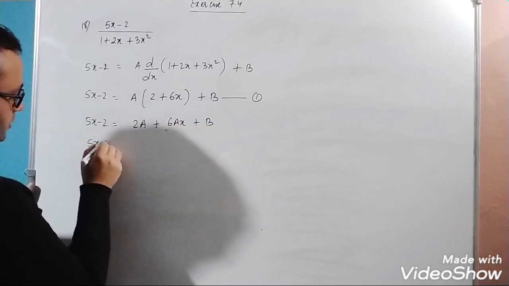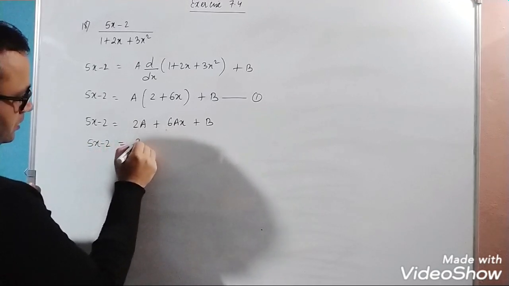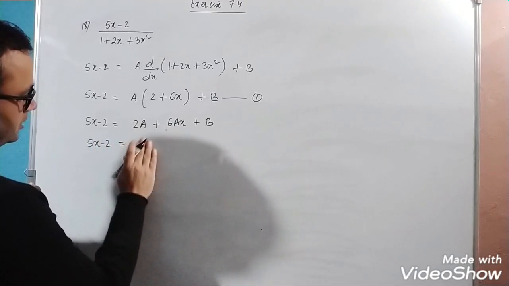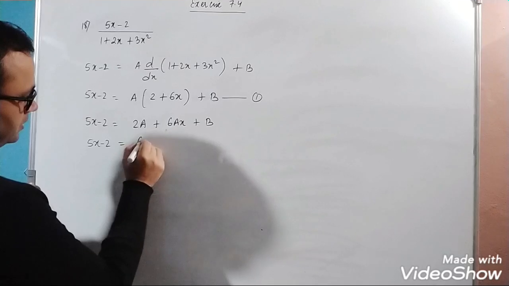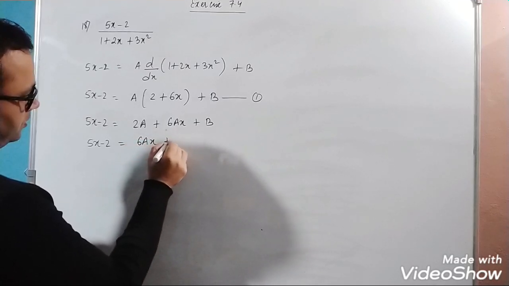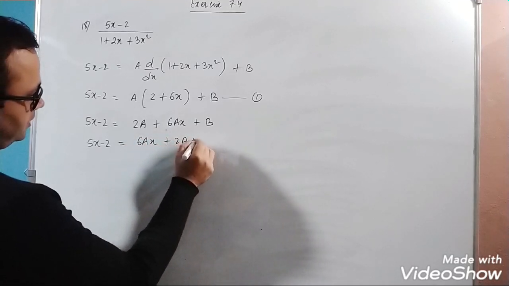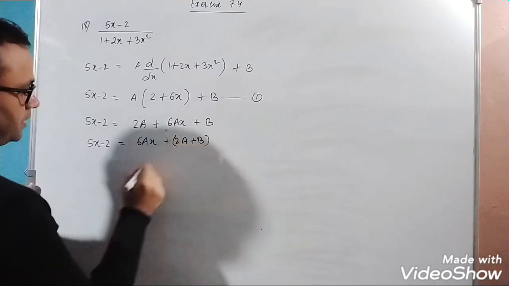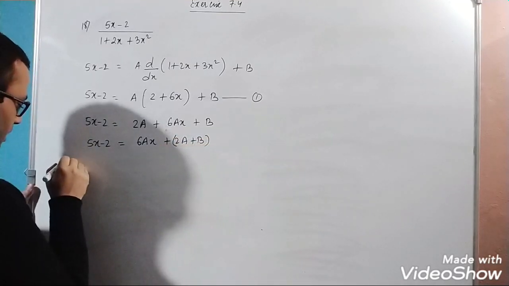So 5x minus 2 equals 6ax plus 2a plus b. Now comparing the coefficients of LHS and RHS.